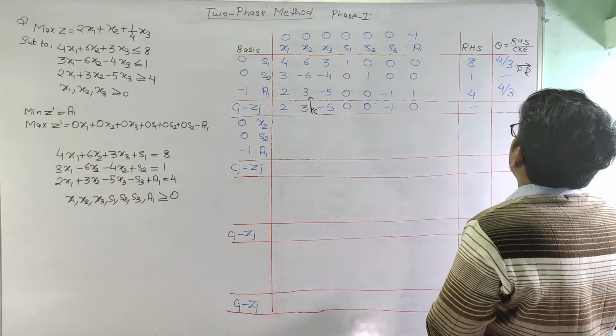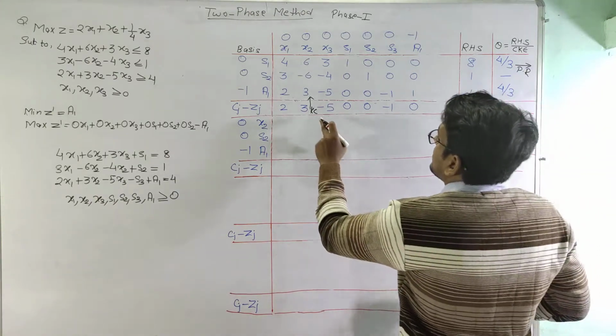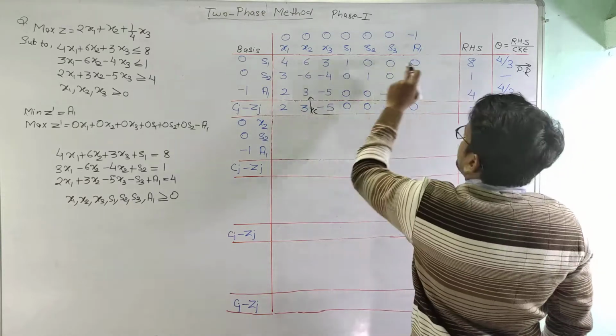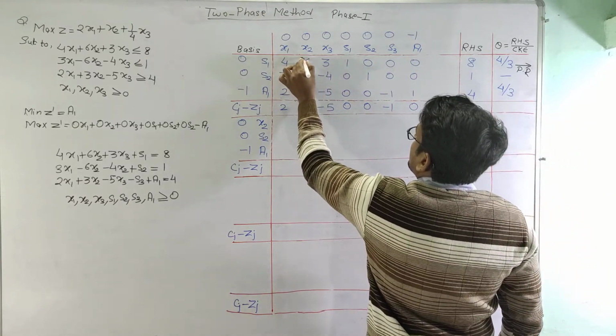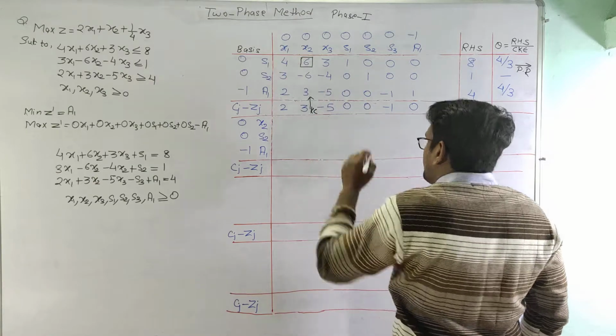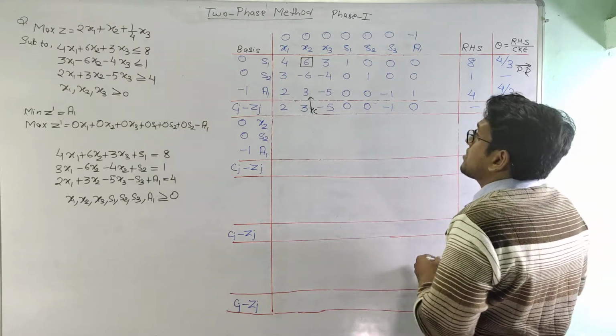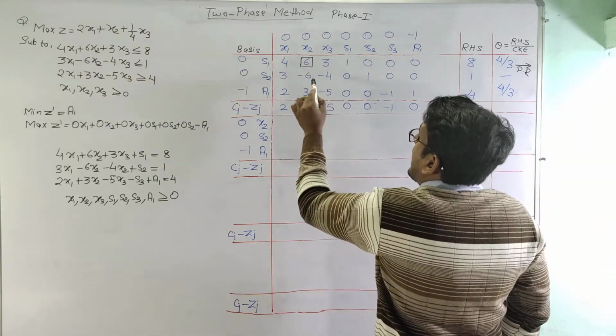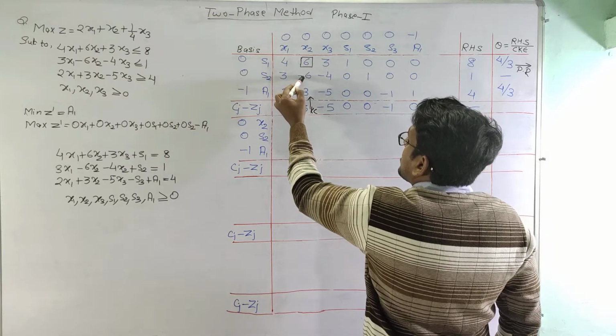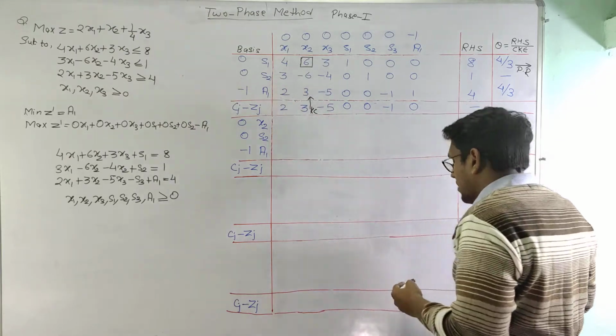The pivot element here is the intersection of the key column and the pivot row, which is this element. So we need to make this pivot element 1 and the remaining elements in the column 0.